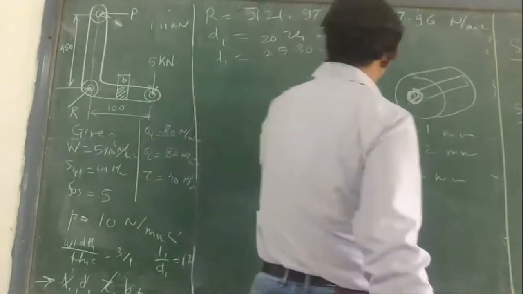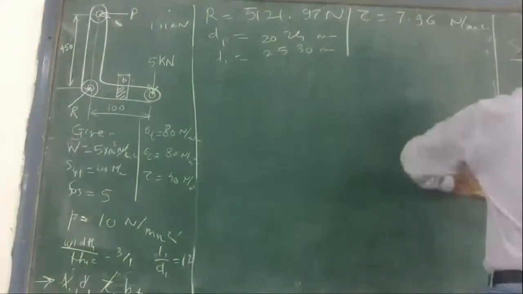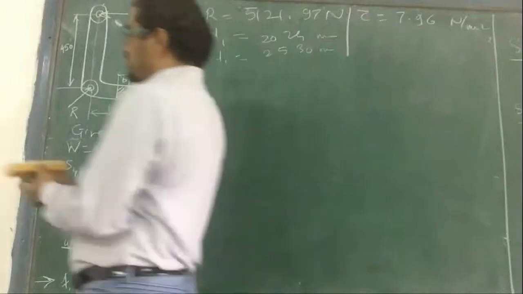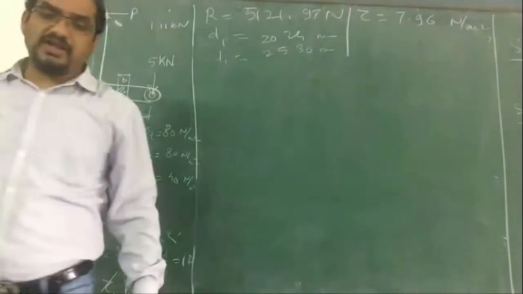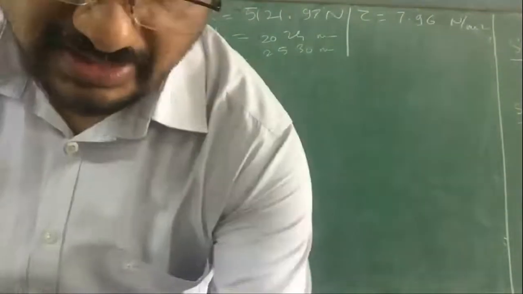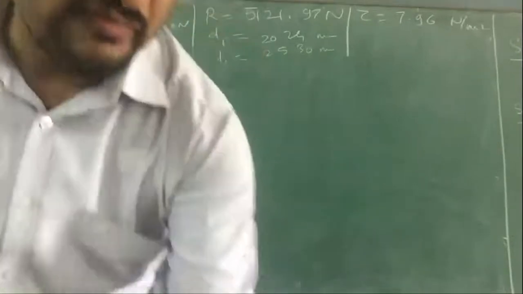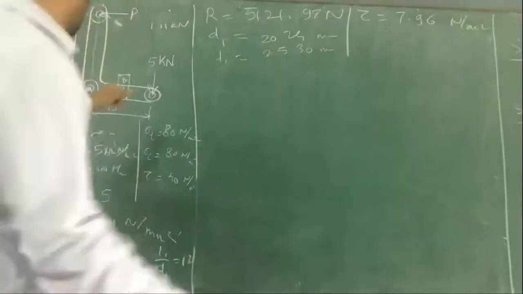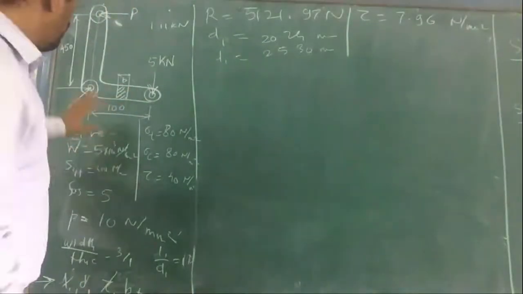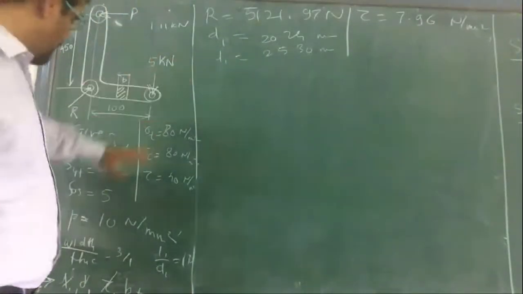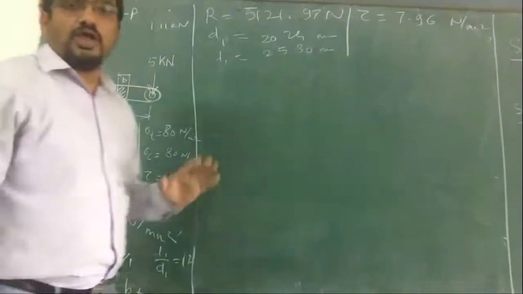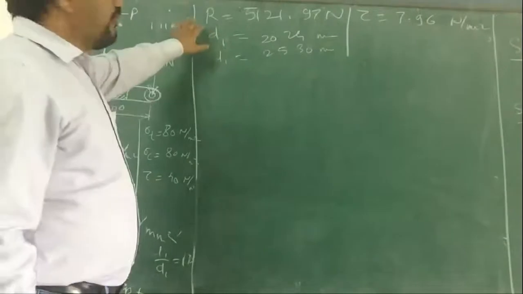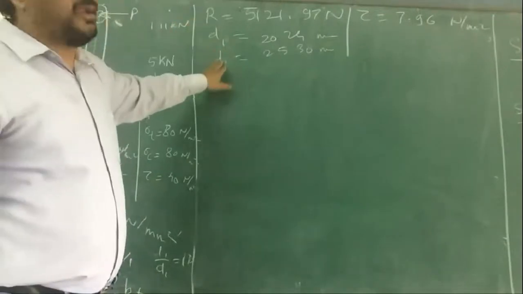That was the third part of the question. Now we have completed three parts, and we have to calculate the last part: the dimensions of the fulcrum arm, this arm of the lever. We found the length and diameter of the fulcrum pin, so the fulcrum pin is ready.